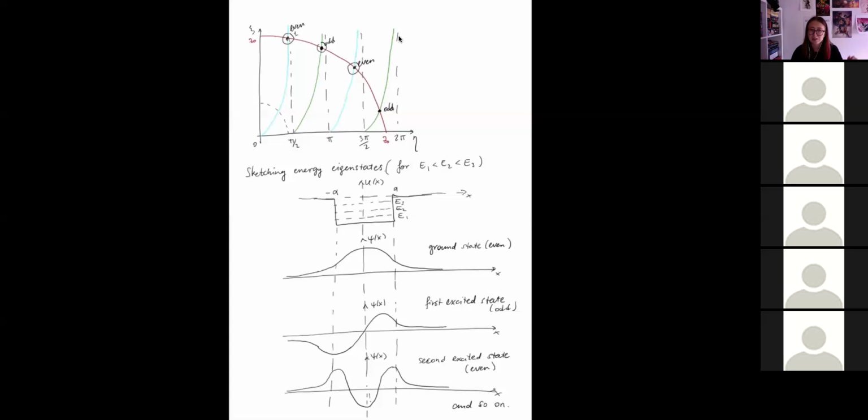Which essentially means that it just dies out, and it's a decaying exponential when x goes to infinity. And within the region where it's confined to this potential well, its eigenfunctions are harmonic, so it's either a sine or cosine. And it behaves in that way.